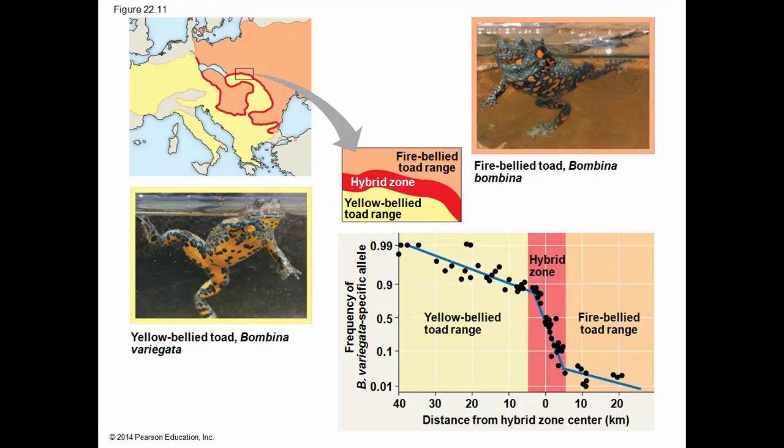Okay, so here is the frequency of a particular allele, which is common to the yellow-bellied toad, and over the course of the hybrid zone it decreases, and in the fire-bellied toad zone you have almost a negligible amount of that allele.